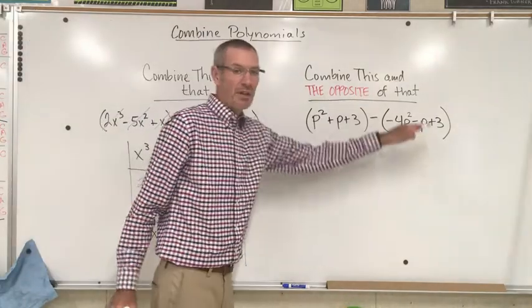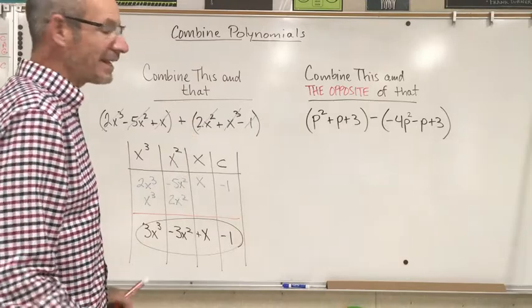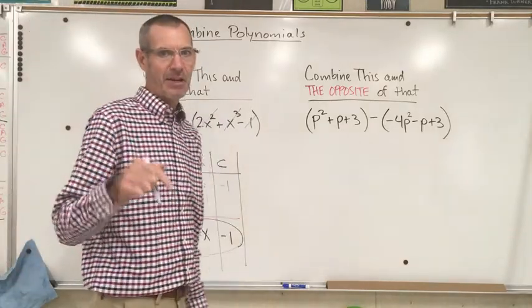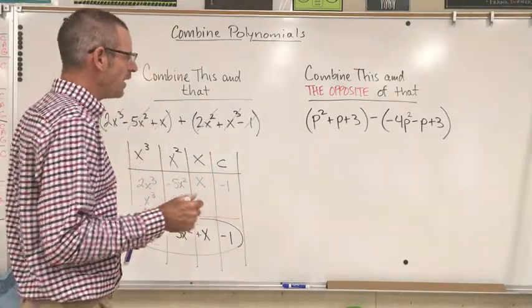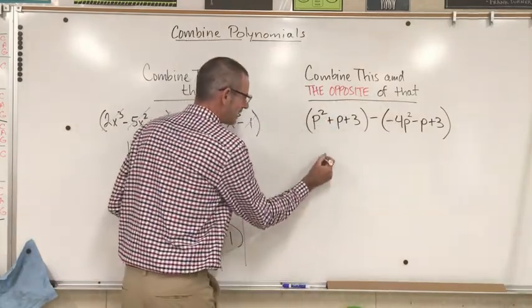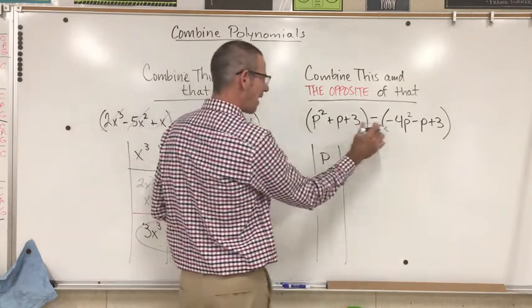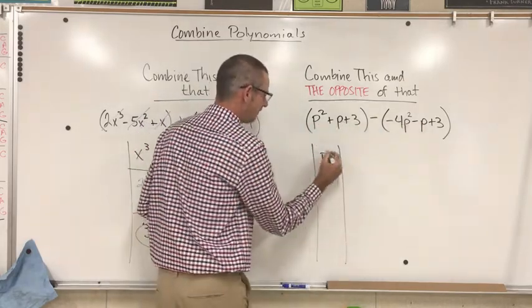Now here, I'm going to follow the same exact pattern. I'm going to make columns for each group of like terms. And remember, like terms have the same variable and the same exponent. So when I look at my 6 terms that they gave me in this problem, I have p to the second. I have some p to the first.